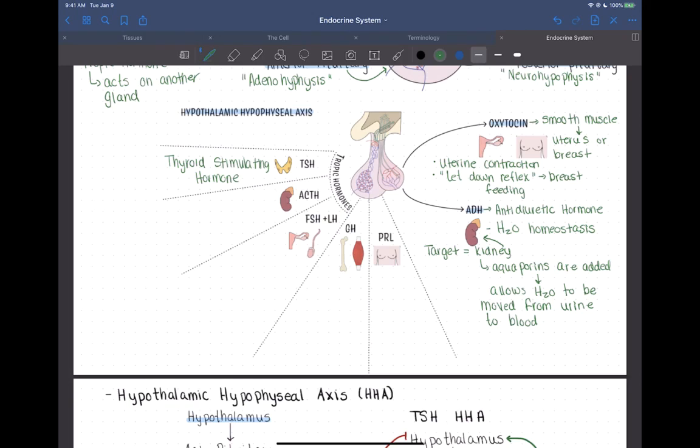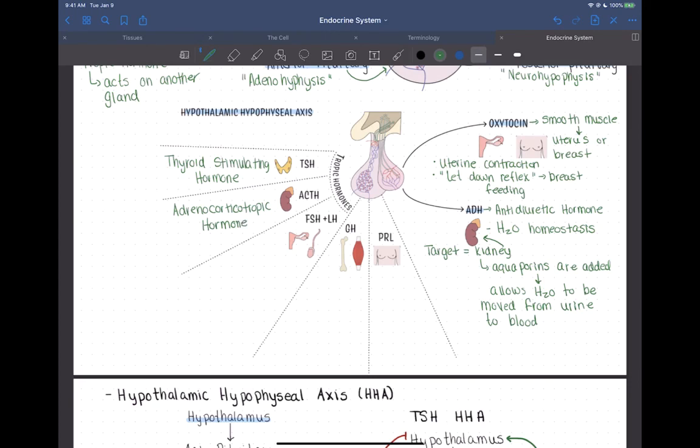ACTH is adrenocorticotropic hormone. It's a long one. All right, adrenocorticotropic hormone. Okay, and so it goes to the adrenal cortex, right? So adrenocortico refers to the adrenal cortex, which is where it goes.